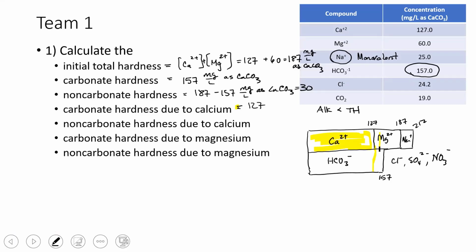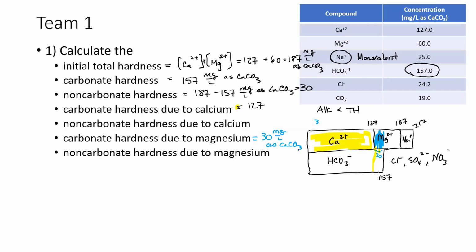The magnesium that's associated with carbonate is the portion that I've shown in blue. So that then is that portion. Okay, so we've got this here is 30. So this is equal to 30 milligrams per liter as calcium carbonate.